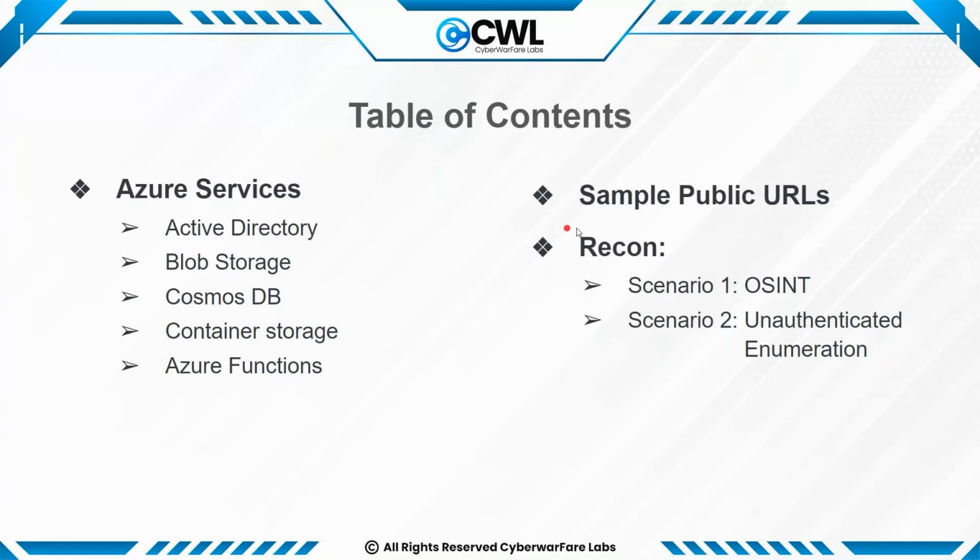These public URLs typically have common structure with slight variations in their fields. Finally, we delve into the reconnaissance part where we learn techniques to gather information and perform reconnaissance on Azure services. We have also allocated time for Q&A sessions, which will be at the end of the webinar. If you have any queries or questions, please feel free to ask at the end of the webinar.